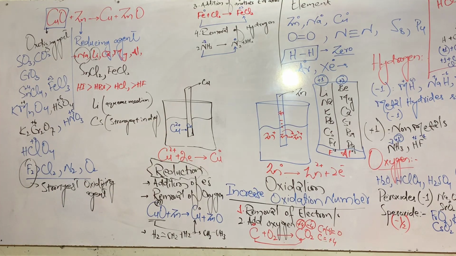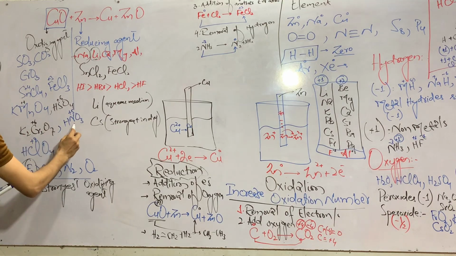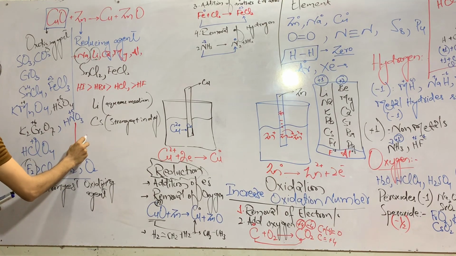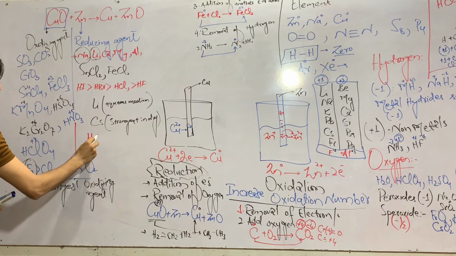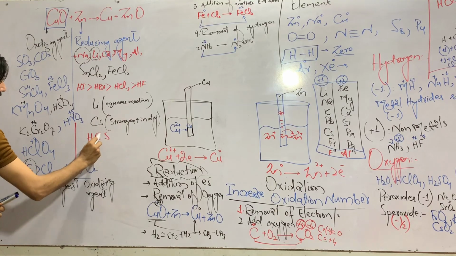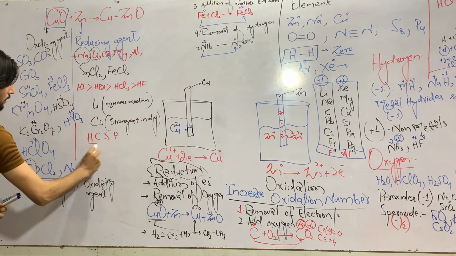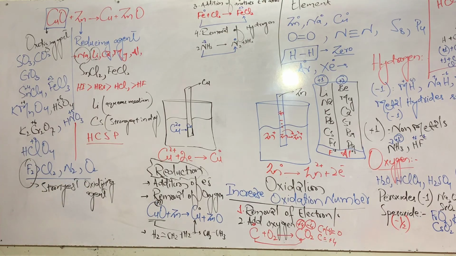But there are a few exceptions: hydrogen, carbon, sulfur, and phosphorus. These are non-metals but act as reducing agents, so we must remember them.